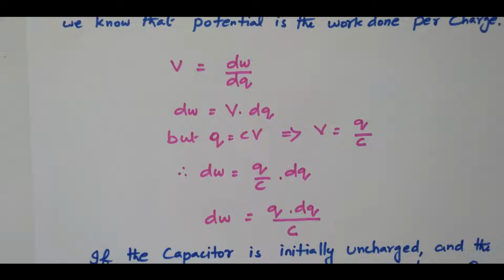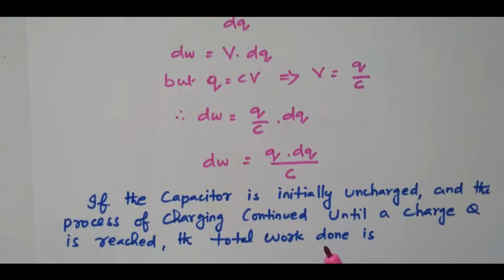That is now converted into energy. That is nothing but dW divided by dQ, work done by charge. So after simplification we got this value. This is only a small charge and small work done. By integrating on both sides with a limit, we will get the total work done, the total energy stored.